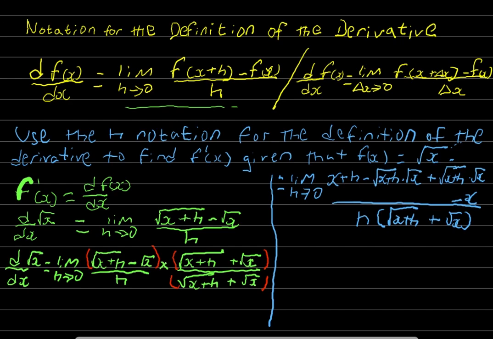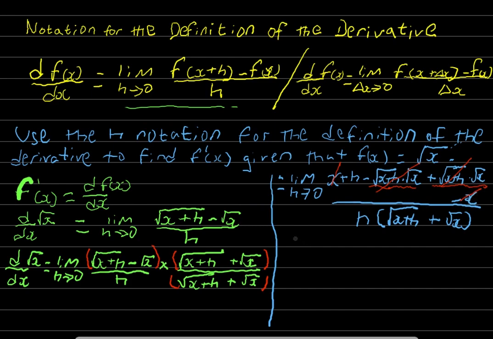Now at the numerator, we can see that this is negative square root of x plus h times square root of x, and this is its positive square root of x plus h times square root of x. So this can clearly cancel out. And also we have here positive x, and we also have a negative x. So x minus x, those are out.